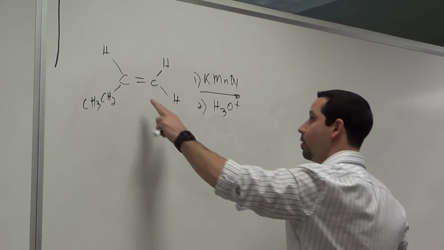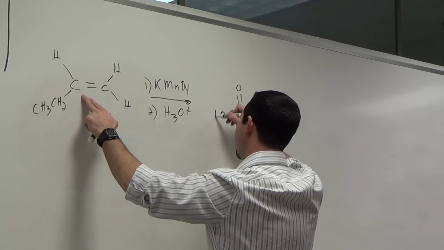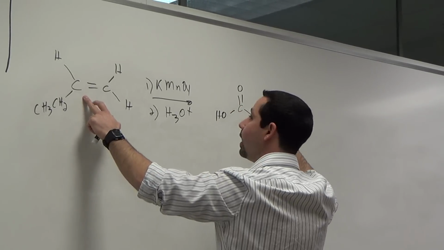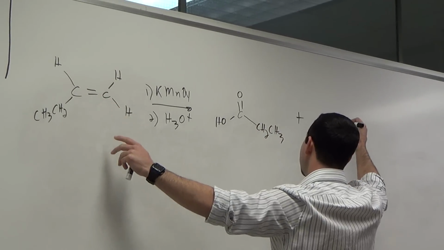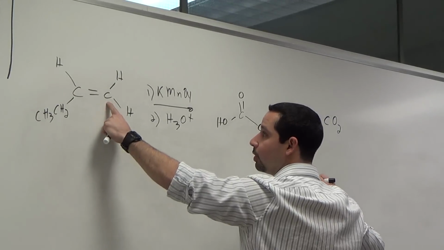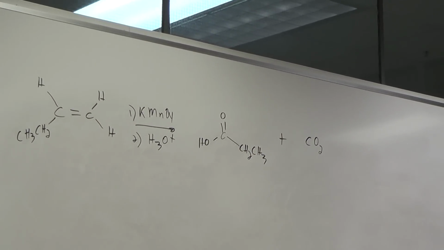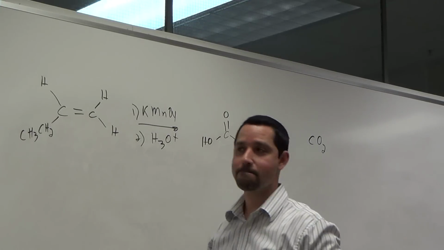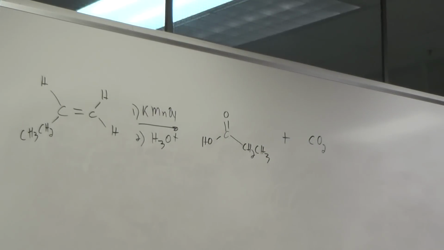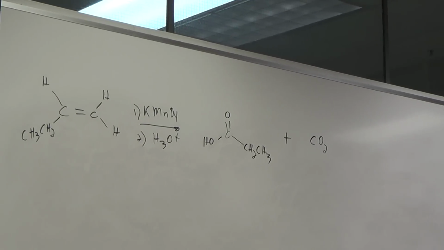Okay? So on this side, it will give you this and the CH2CH3. And on this side, because it has 2 hydrogens, it'll give you CO2. Yeah, the terminal. That's what I was talking about. Yeah. CO2. Okay. Now I see. No, I don't understand.